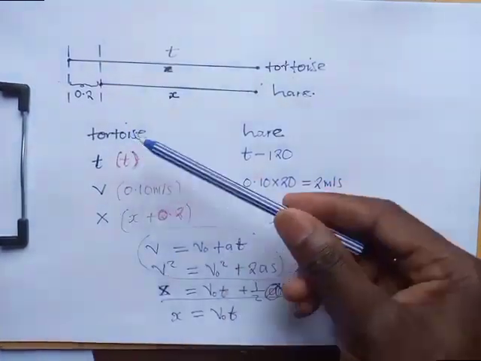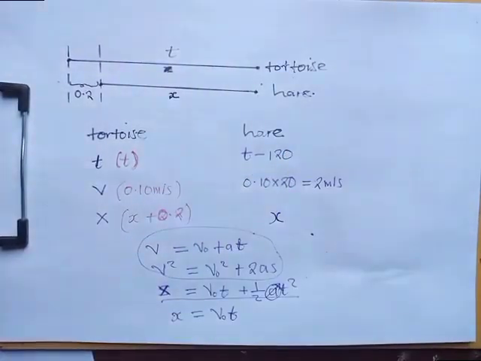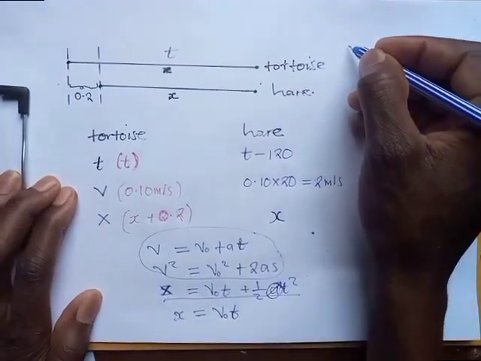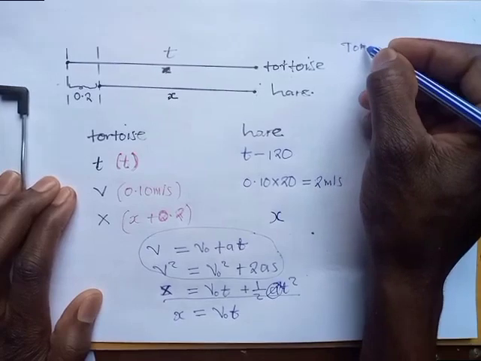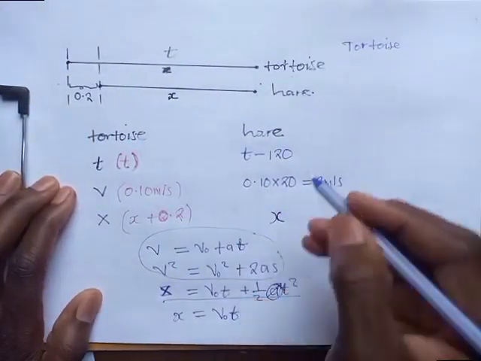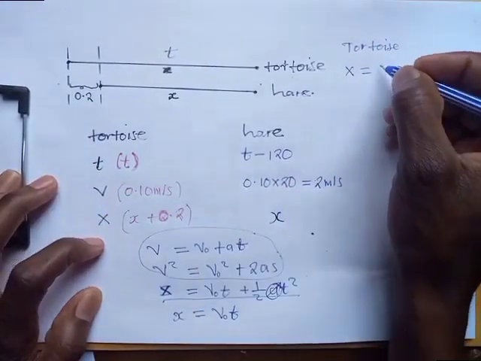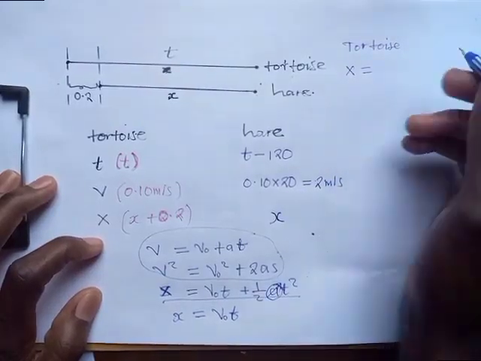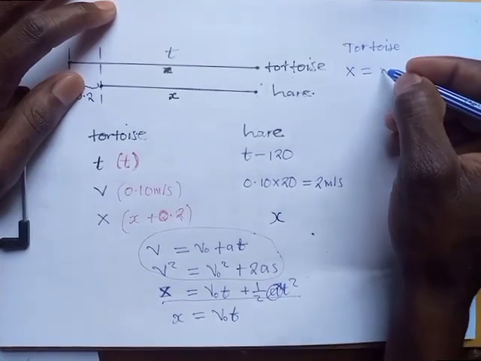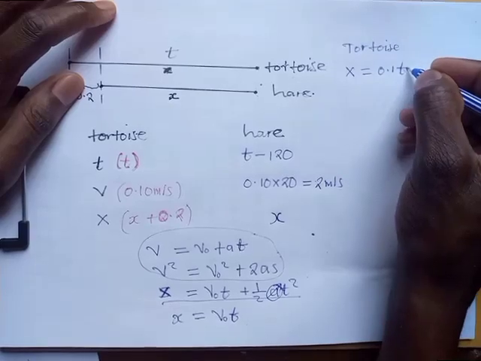I'll start with the race that was taken by these two. Time has to be t for the tortoise. So I'll say x has to be equal to the initial velocity, which was taken to be 0.1, multiplied by the time.